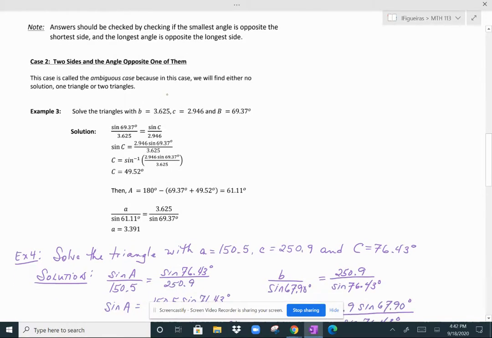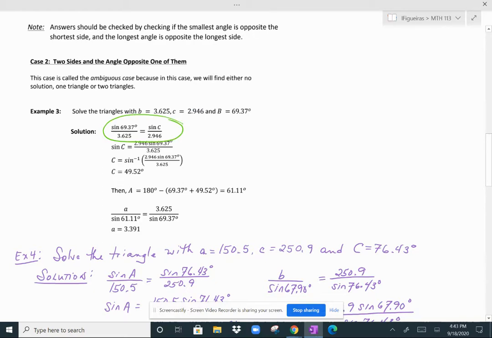So you want to solve B equal to 3.625, C equal to 2.946, and angle B, which is across from side B, is 69.37. So this is case 2. All right, so always use what's given. So we want to set up a ratio for B and sine of B, and then solve for angle C because I know side C. So here is my proportion.